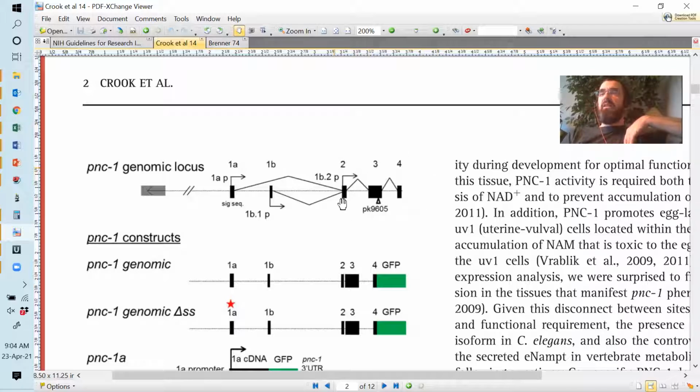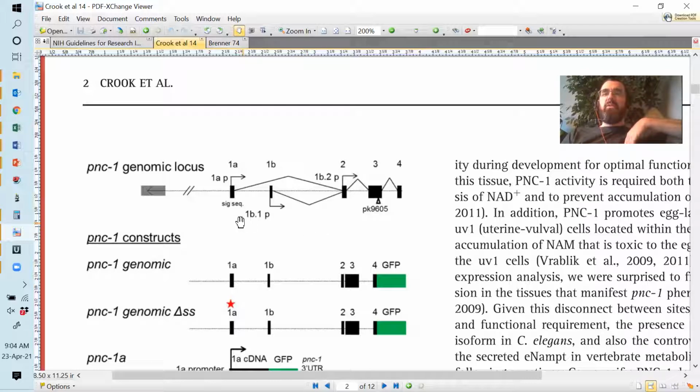They all share these 3 exons, so the catalytic activity of this enzyme is in here. But you can control where that is expressed, in what types of tissues, and even the type of protein that's produced.